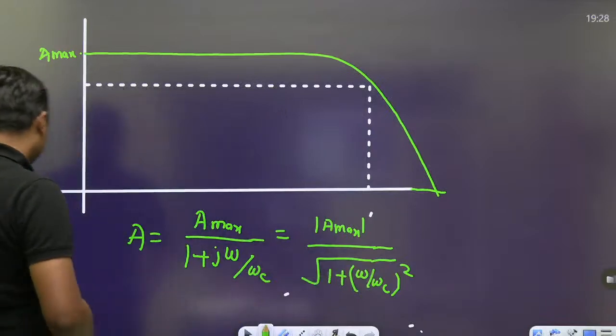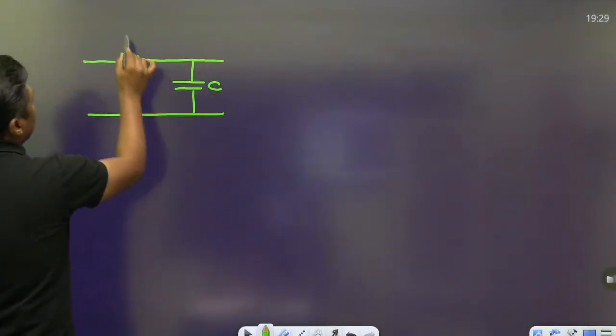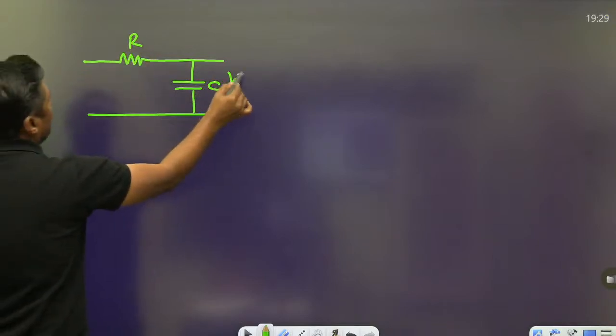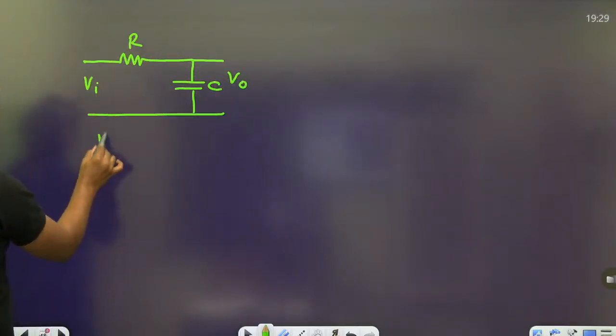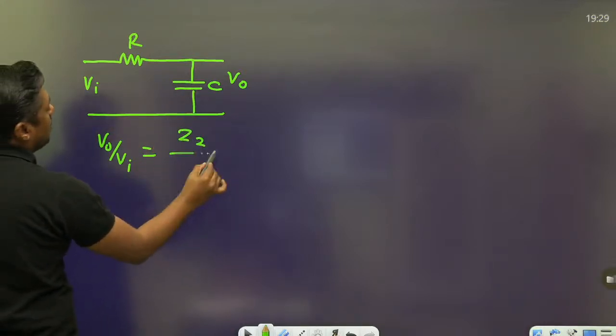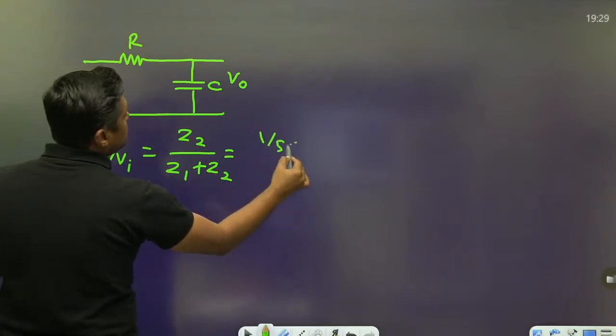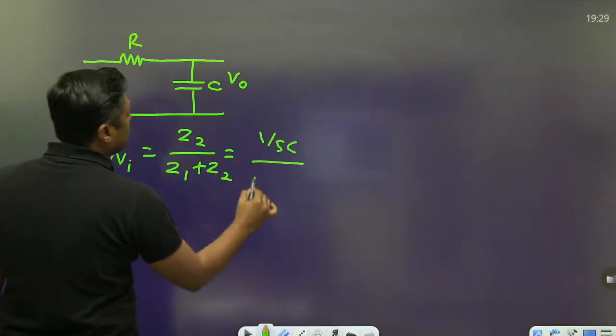Low pass filter standard circuit, simple. Low pass filter means what? This is the R. This is C. It is a passive filter. For a passive filter, what is the gain? V naught by Vi, you can calculate. V naught by Vi is equal to impedance Z2 upon Z1 plus Z2. So what is the Z2? 1 by SC upon R plus 1 by SC.